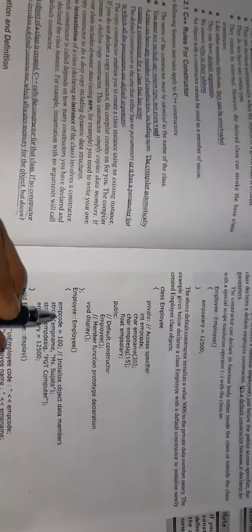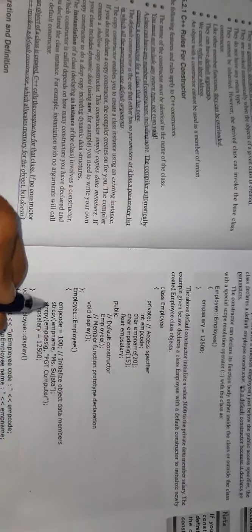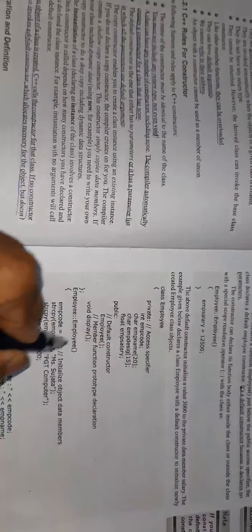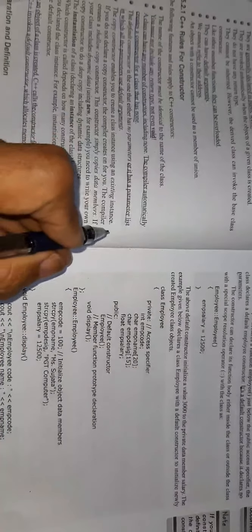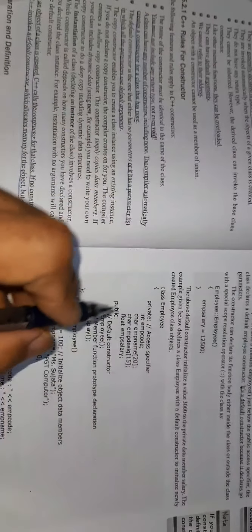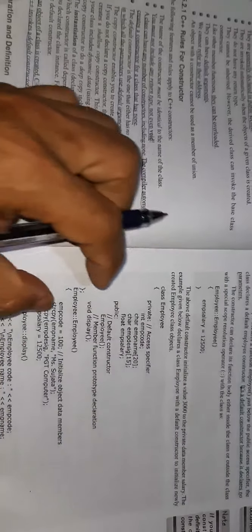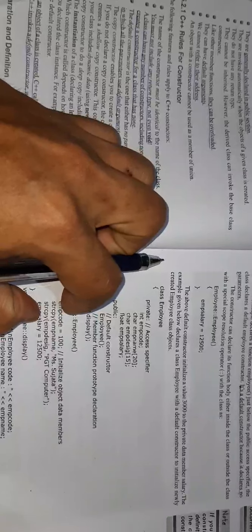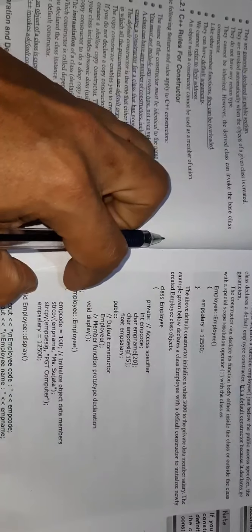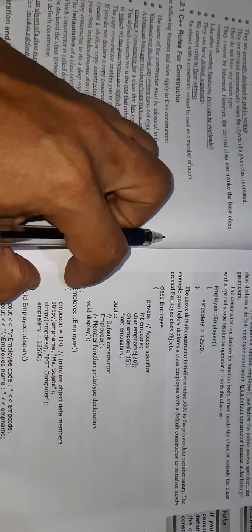Now suppose this constructor was not created, then by default the compiler will create a constructor, but without these statements. That means within this function, within this body, nothing will be written.